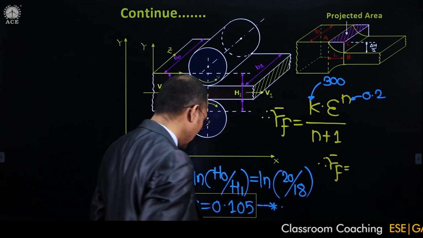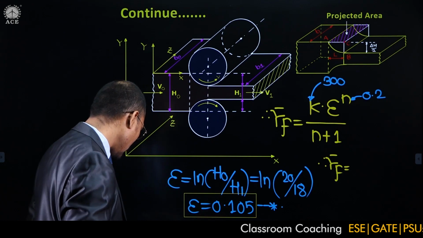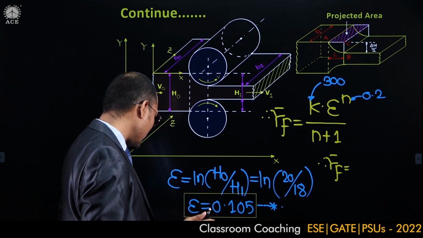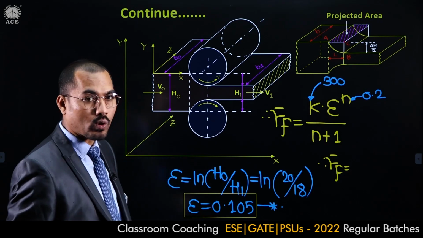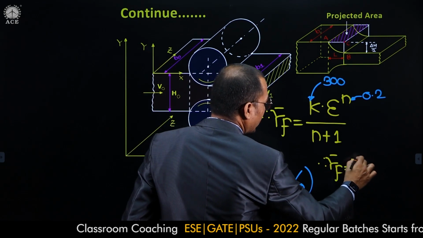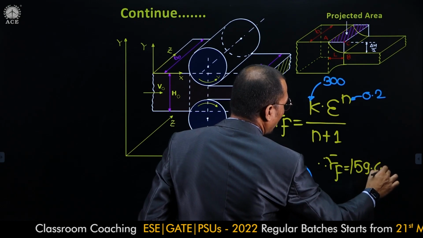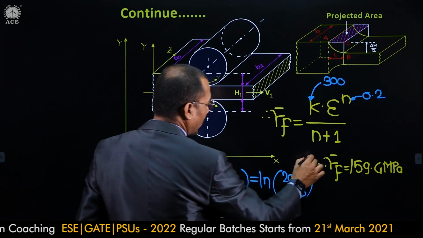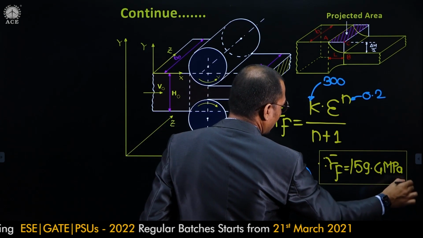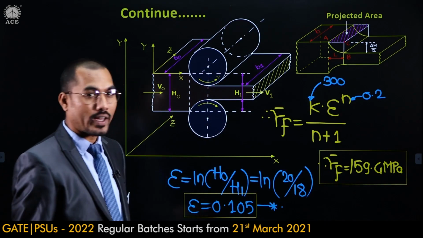If we carefully calculate this Y bar f, the average flow stress, the value comes out to be, let me check it, 159.4 MPa, that is Newton per millimeter square, right?